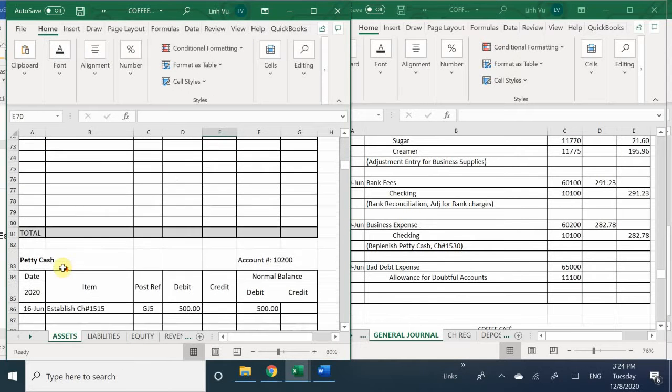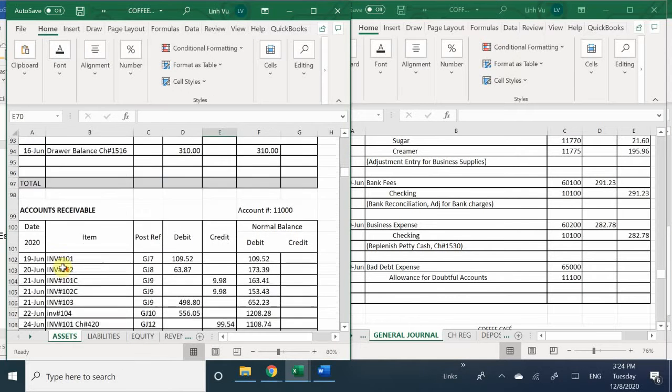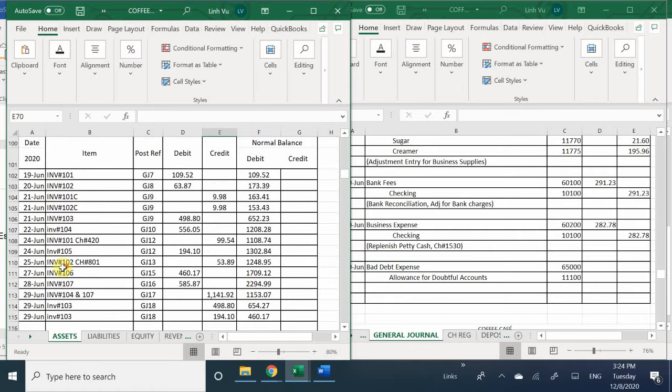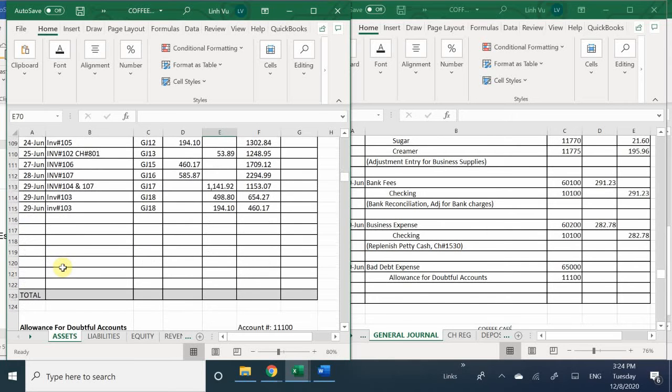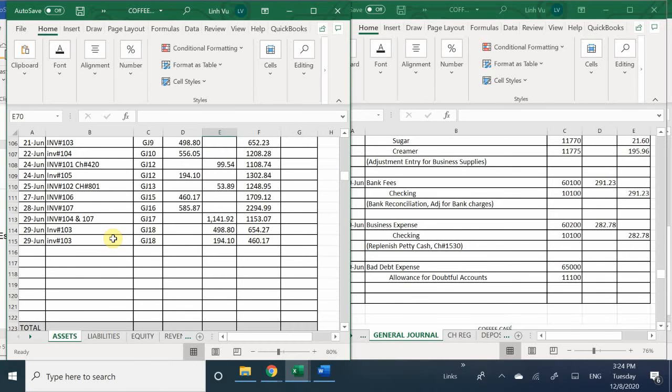Good. So currently I have $460.17 in my current balance for my accounts receivable. So how do I calculate what's 5% of this amount?